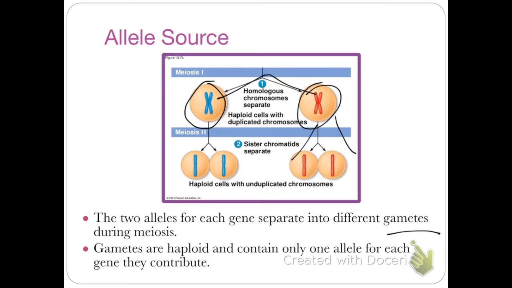So gametes are haploid, containing only 1 allele for each gene they contribute, rather than 2. What this allows is for when 2 haploid gametes fuse together, so if they each have half of the DNA, so we'll say that's N plus N, then the offspring is 2N.